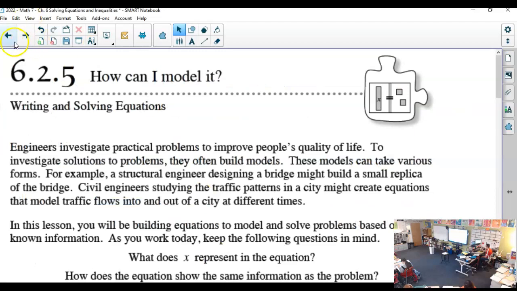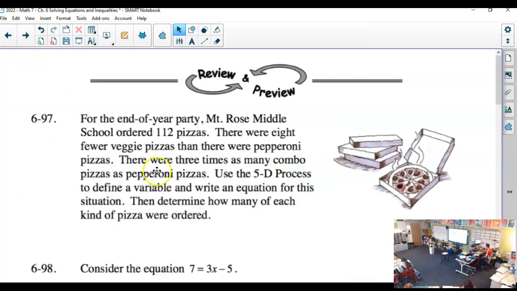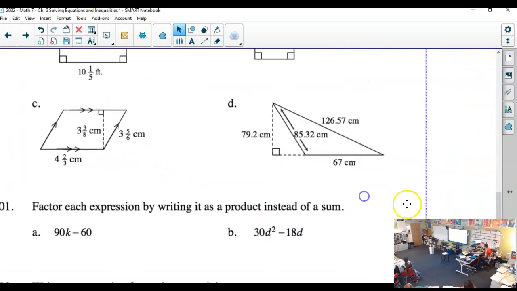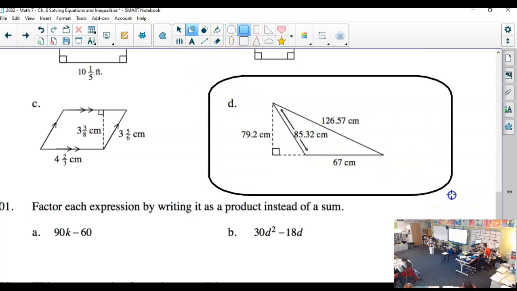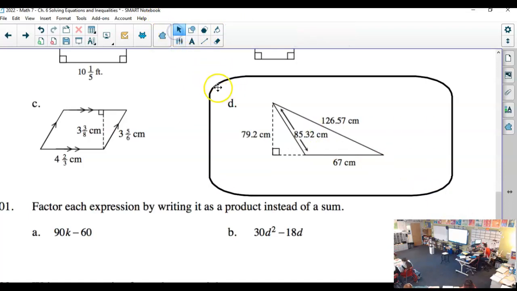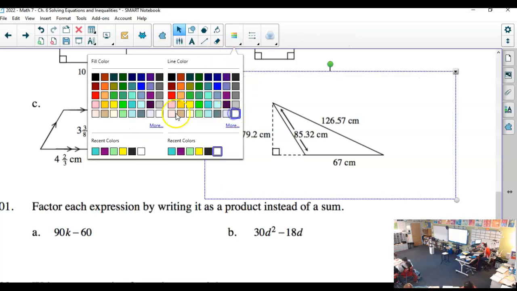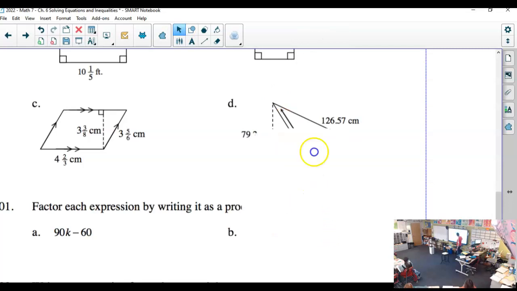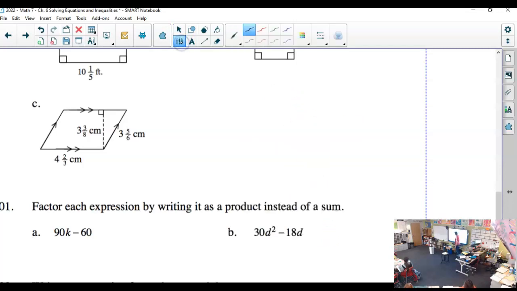However, area, and this gets tricky with triangles, which I think actually the problem I just covered up does the same sort of thing, so we might uncover it and come back to it.